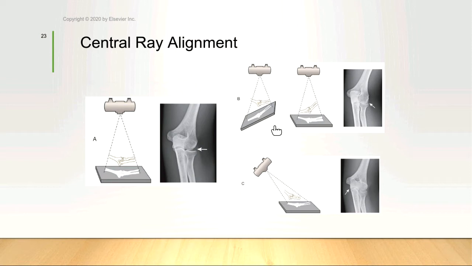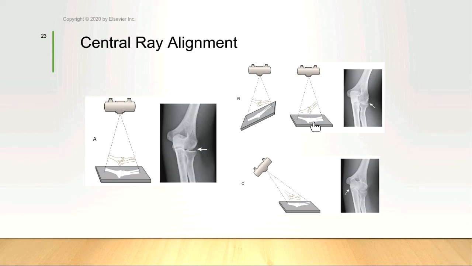In picture B, there's improper alignment between the X-ray tube, the part, and the IR. Is the tube perpendicular to the part? Yes, but it's not perpendicular to the IR, and the part and the IR are not parallel to each other. So in picture B, it looks elongated, meaning the part looks longer than it actually is.